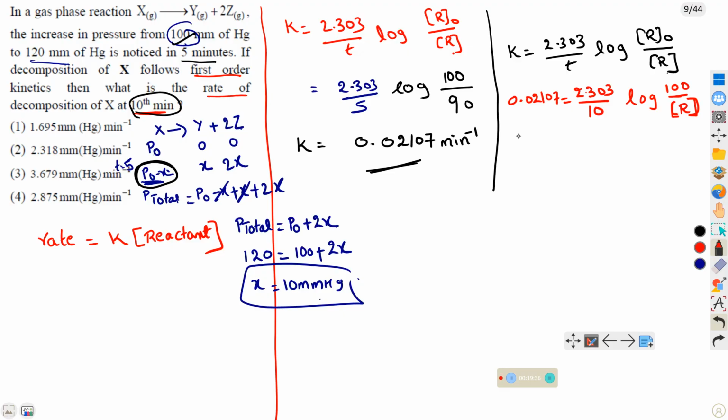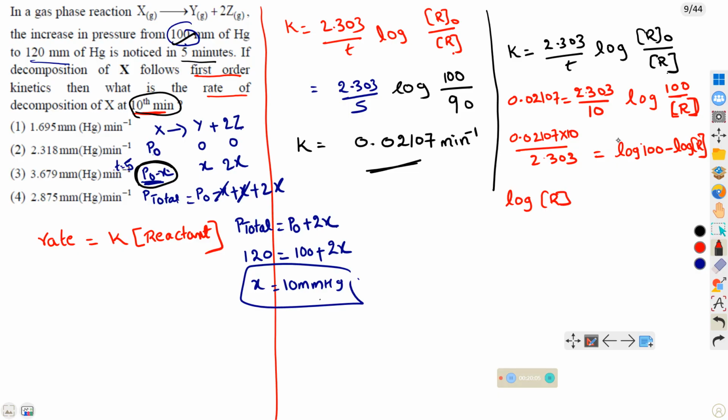So it can be written as 0.02107 into 10 by 2.303 is equals to log A by B formula, log A minus log B. Simplify now. Log 100 is log 10 square.